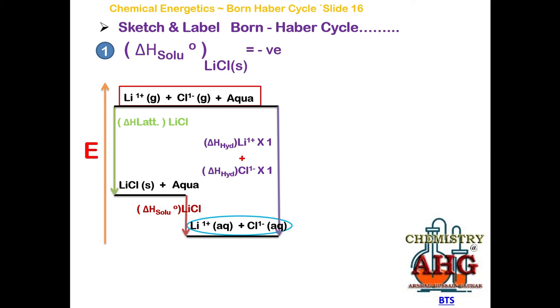Hydration enthalpy will be equal to lattice enthalpy plus solution enthalpy. And if you have been given a covalent compound for the Born-Haber cycle, then hydration enthalpy will be equal to bond enthalpy plus solution enthalpy. So this is the Born-Haber cycle that we have constructed for lithium chloride.